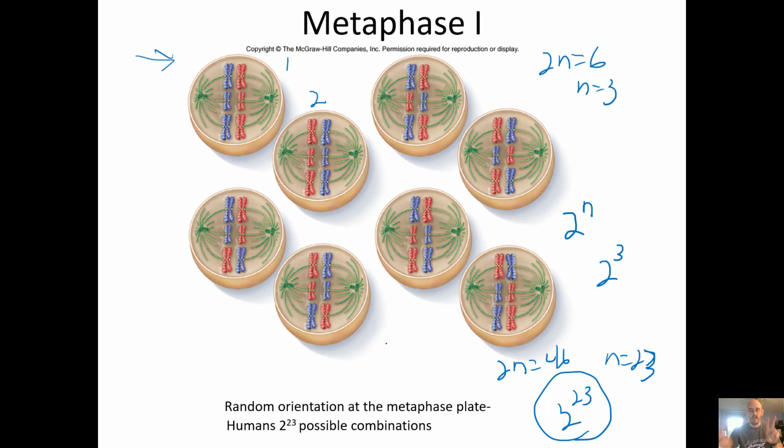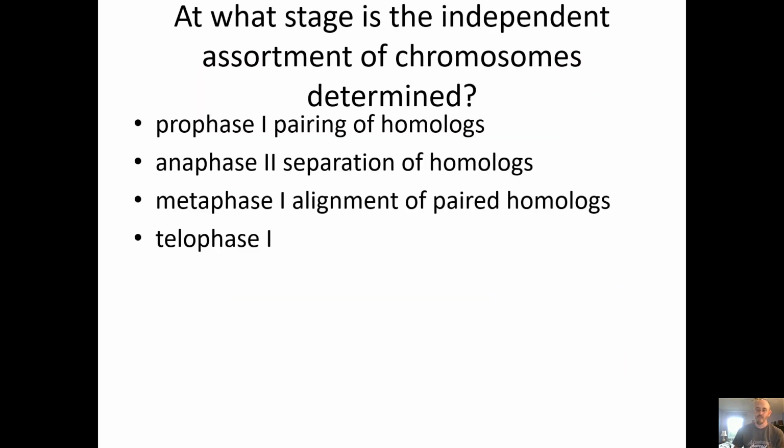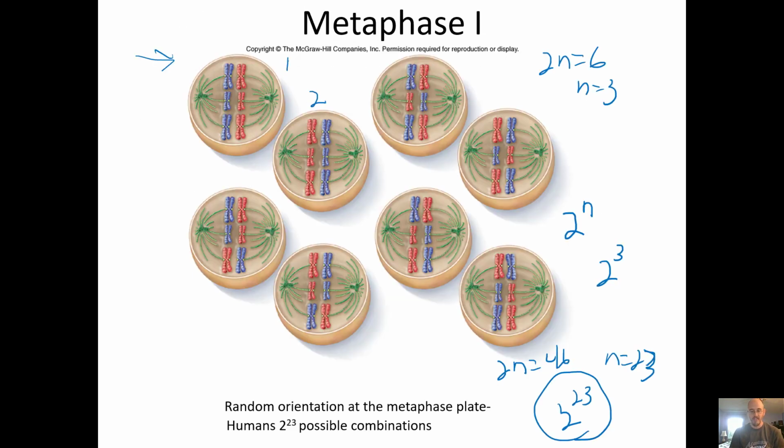So for chromosome 1, it could be this way. For chromosome 2, it could be that way. For chromosome 3, might be back this way again. So it varies from chromosome pair to pair which way they line up, and that's a source of variation. And that will affect the gamete. So this is over 8 million combinations in human beings, and that's not even taking into account crossing over.